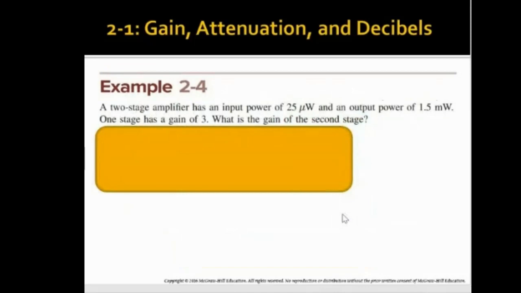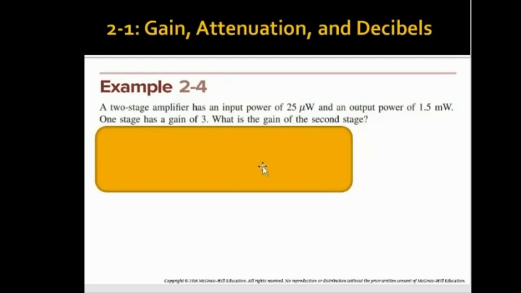I have another example. A two-stage amplifier has an input power of 25 microwatts and an output power of 1.5 milliwatts. One stage has a gain of 3. What is the gain of the second stage?